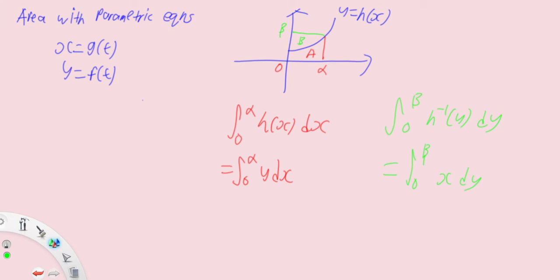Now, what do you notice? If x and y are defined as g(t) and f(t) respectively, we can substitute them in. So let's take a look at the one for area A. For area A, we have the limits 0 and alpha, and those are for our x.